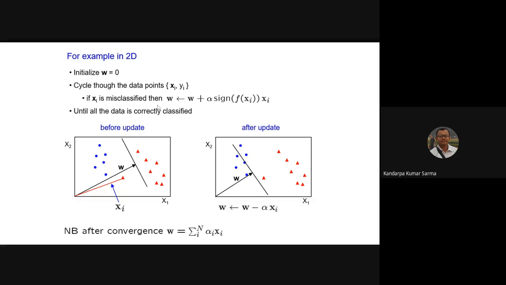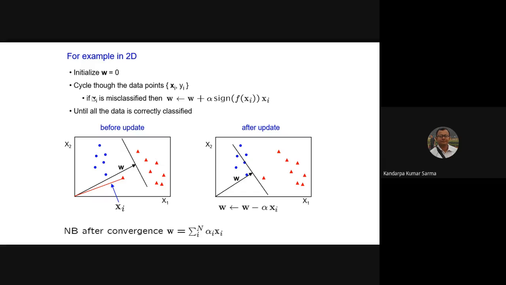So if we see it in two dimensions, we start with W taking value 0. Then we go through a cycle of data points xi and yi.